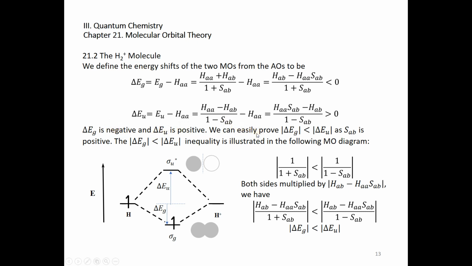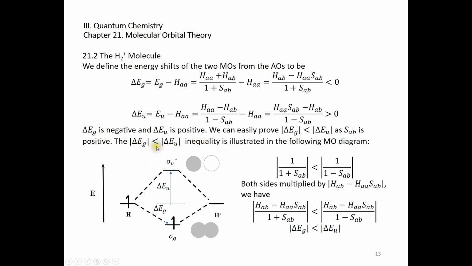We can easily prove the magnitude of delta E sub G is less than the magnitude of delta E sub U. So in this MO diagram, I intentionally drew this up arrow longer than this down arrow for a reason. It's just because S_AB is always positive. The overlap integral S_AB is usually between 0 and 1, and it's positive. And then we can prove this inequality.